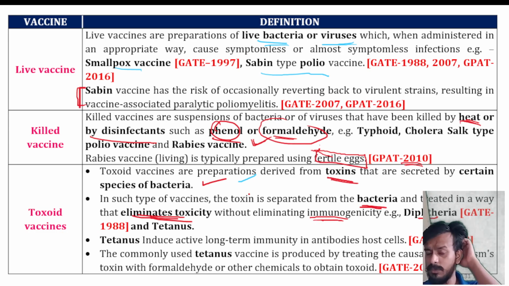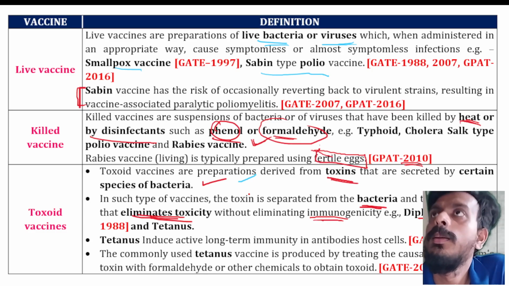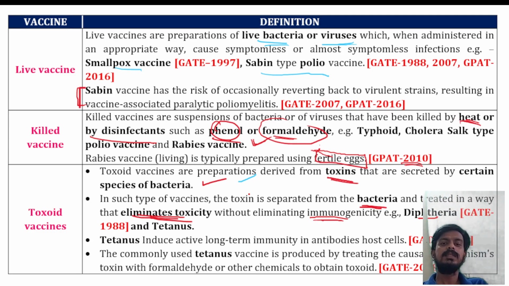So this is a process where modification of the antigen is made with the help of different chemical or physical methods, where the toxicity is completely gone, but the immunogenic property will be there, that will provide the immunological response against the particular disease.